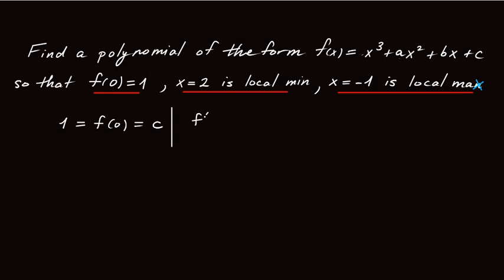So now let's look at the derivative. F prime of x is equal to 3x squared plus 2ax plus b. And the derivative of c is 0 because it's a constant. So I want f prime at 2 to be 0 so that I get a critical point.